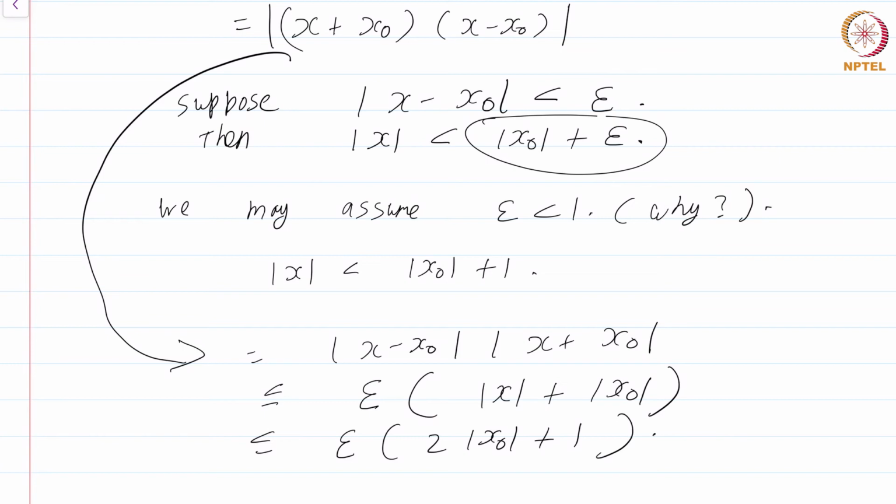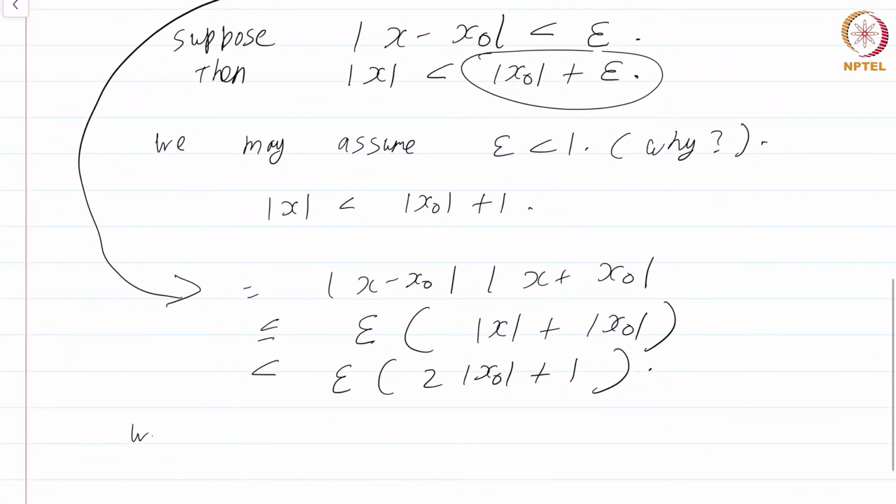I am just using the fact that mod x is strictly less than mod x naught plus 1. So in fact, I could have made this less than. Now we are done.